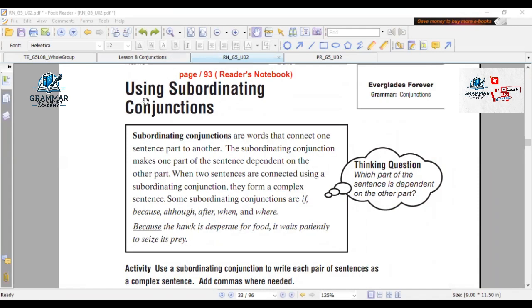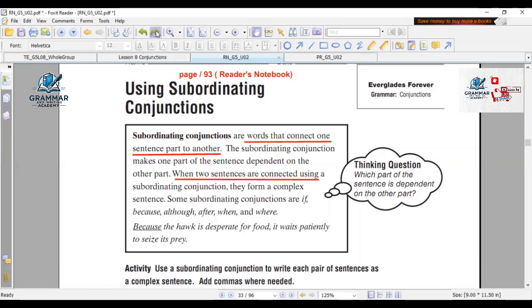Read for us here. Using subordinating conjunctions. Subordinating conjunctions are words that connect one sentence part to another. The subordinating conjunction makes one part of the sentence depend on another part.